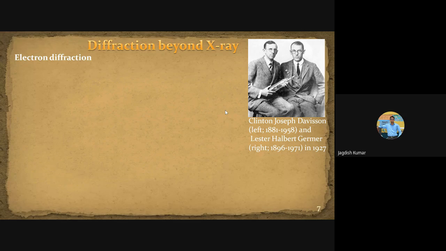But then this experiment by Davisson and Germer experimentally proved that electrons can also behave as waves. What idea did they employ? They employed the idea of wave-particle duality associated with all subatomic or quantum mechanical particles.